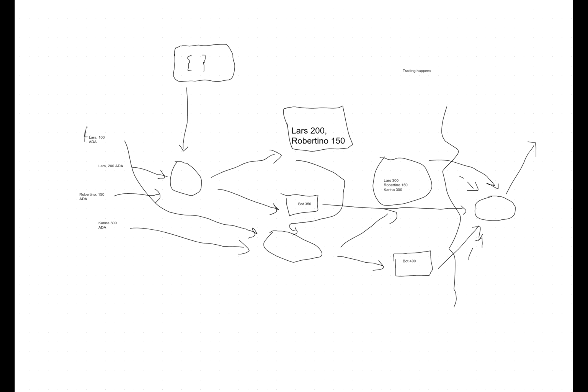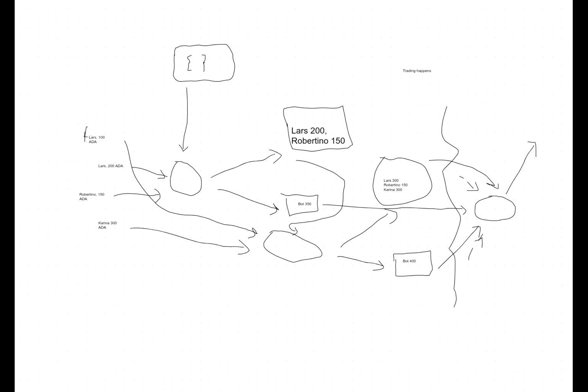So it's 600, 750. Okay, let's say the bot makes a 75 ADA win. To keep it simple, it's 1, 2, 2, right?